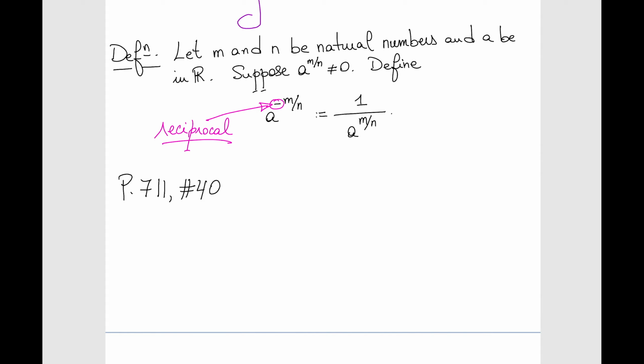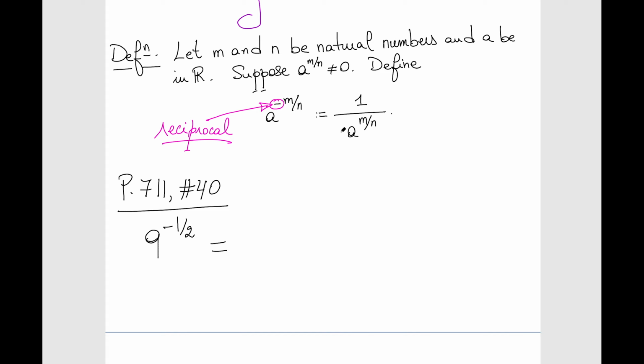The question here is: rewrite each expression with a positive rational exponent and simplify if possible. Obviously, they gave us a negative rational exponent, negative half. We want to write it with a positive rational exponent.